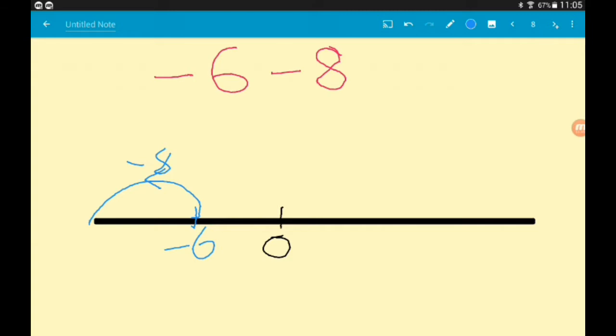So let's think about it. Well, we're going from minus 6. So if you use your fingers to do this, don't count minus 6 as a finger. You're not moving anywhere to get to minus 6. So if you're using your fingers, count with me. We got minus 7, minus 8, minus 9, minus 10, minus 11, minus 12, minus 13, minus 14. So this is going to give us minus 14.